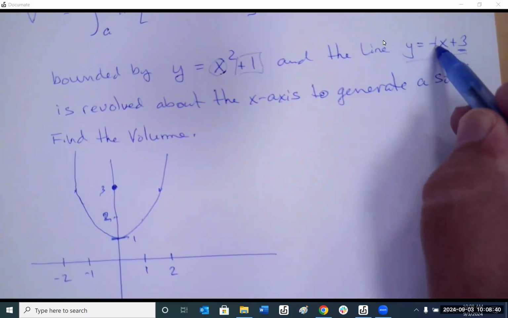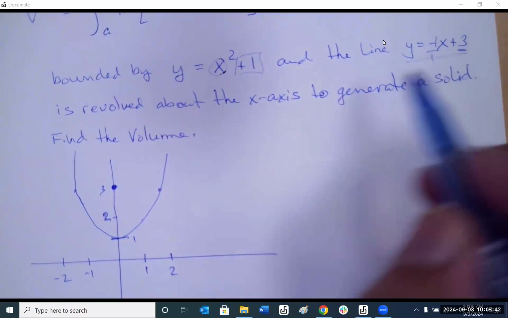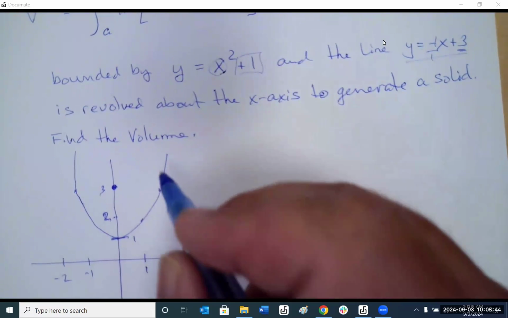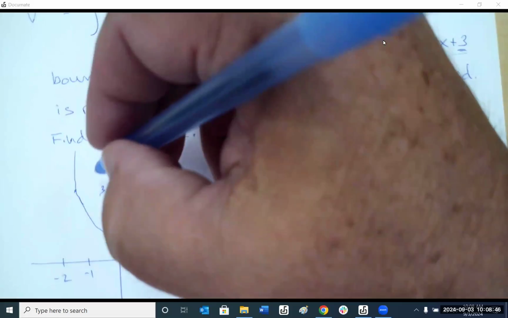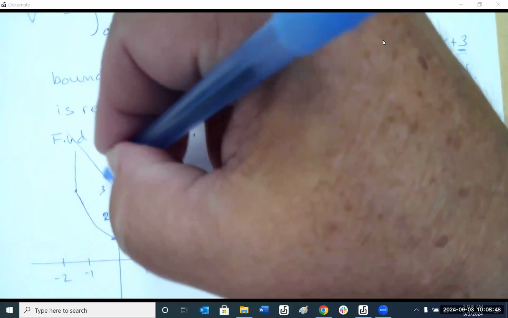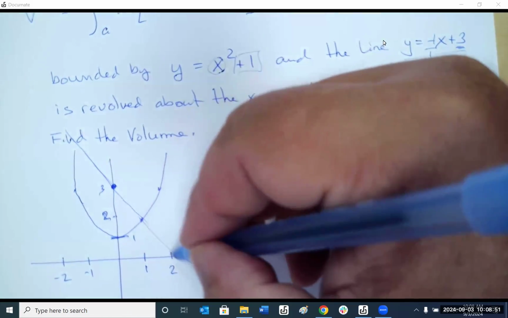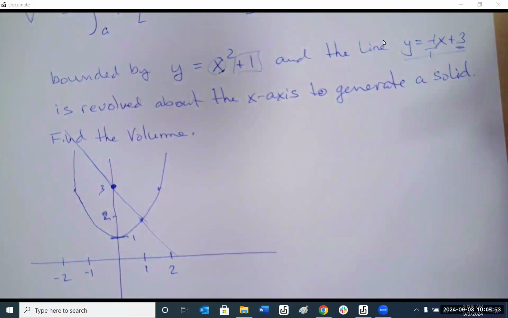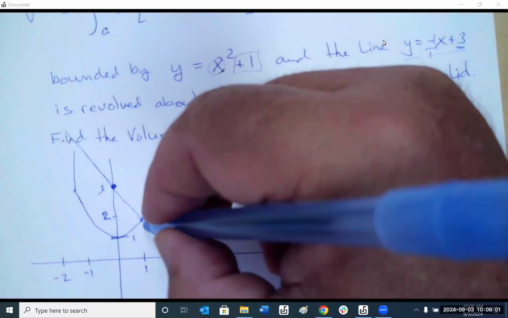Yeah, it's negative 1. So we go down 1 over 1, down 1 over 1, and it crosses at 3.